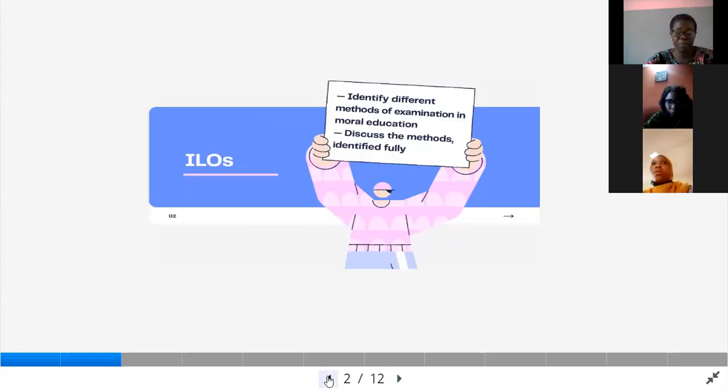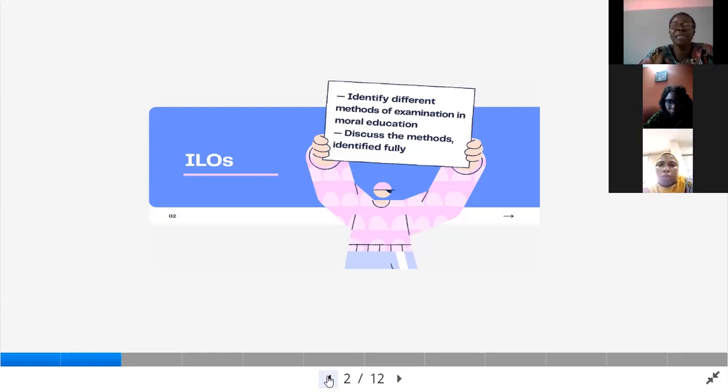Before the end of this lesson, our students will be able to identify different methods of examination in moral education.